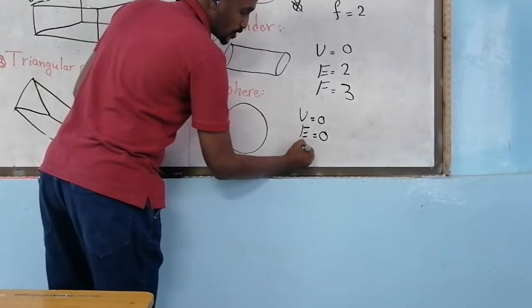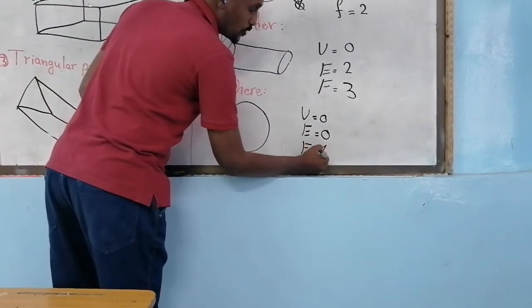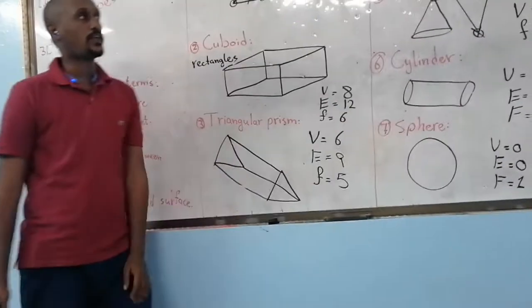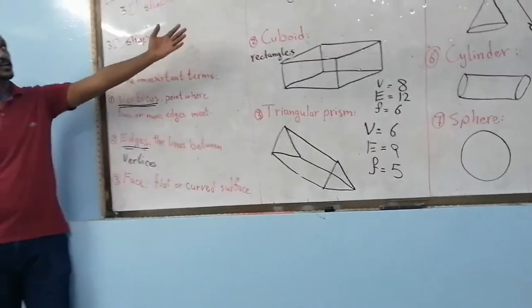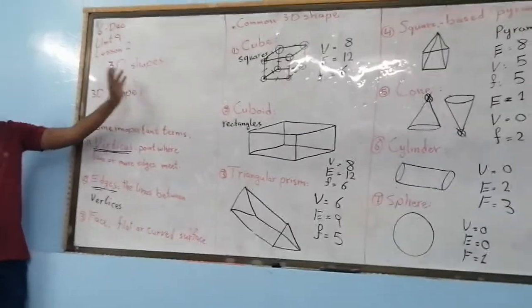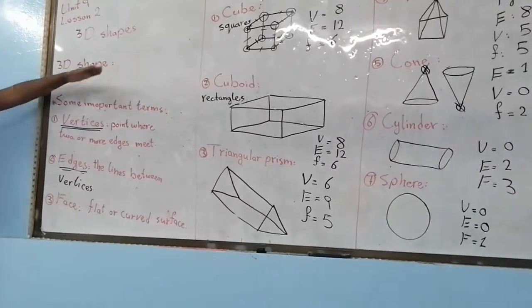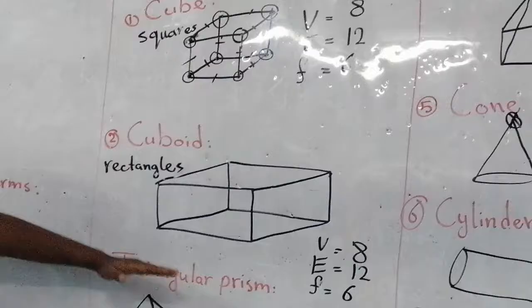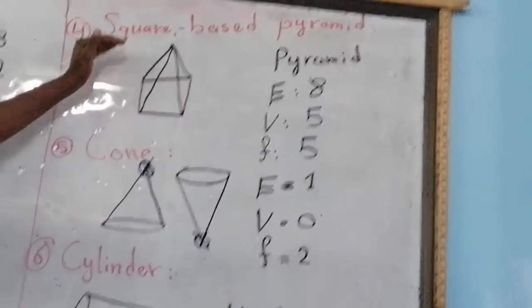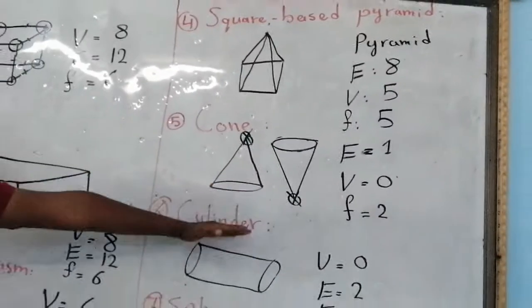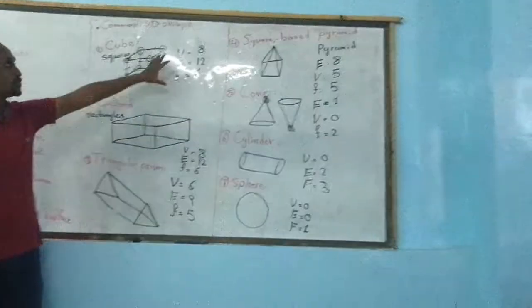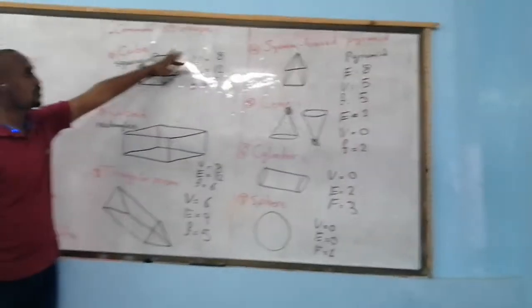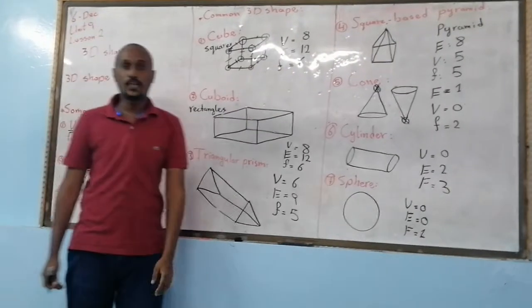Faces? We have only one face. So, these are the common 3D shapes: cube with squares, cuboid, triangular prism, square base pyramid, cone, cylinder, and sphere. You should know the properties of each one: how many vertices, how many edges, how many faces.